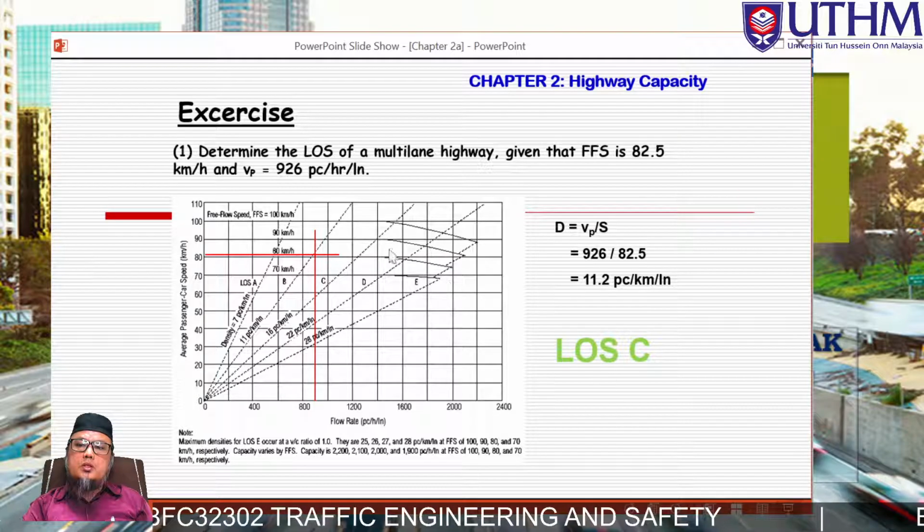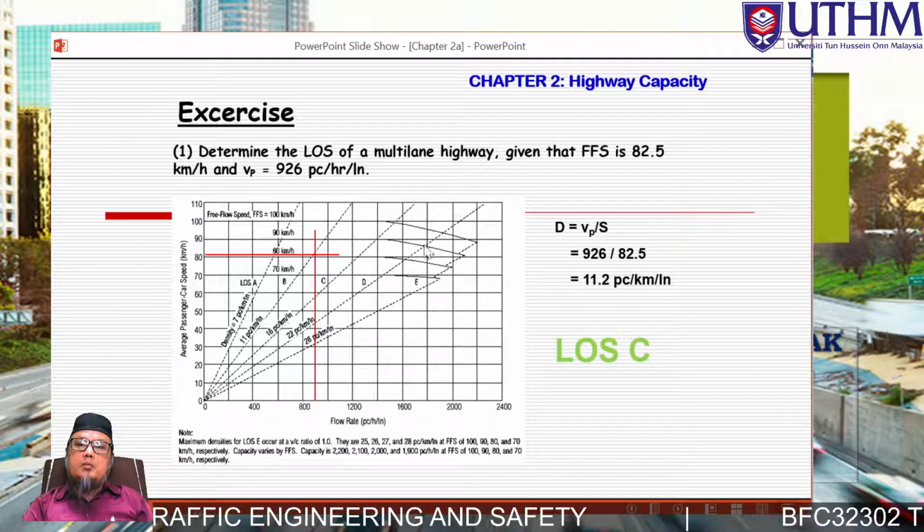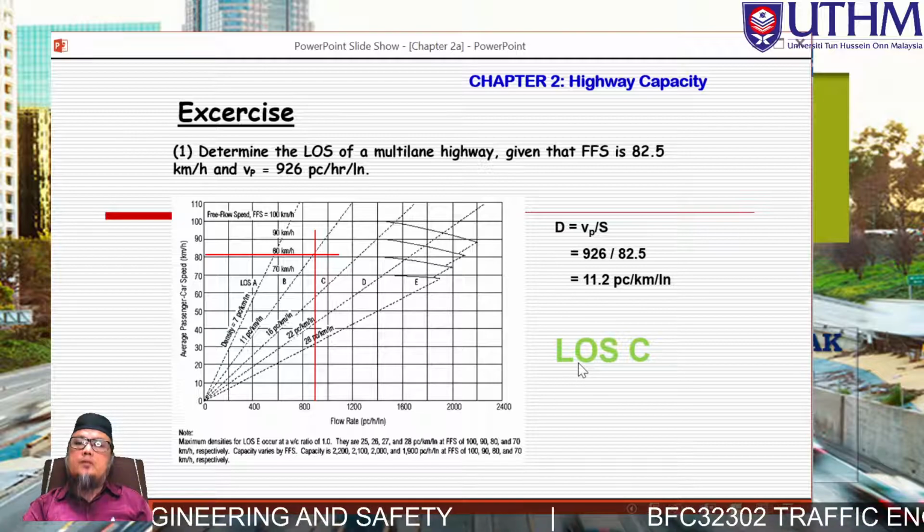So we have to consider level of service C. We cannot promise to get B because the reality is over 11, so we should select C.